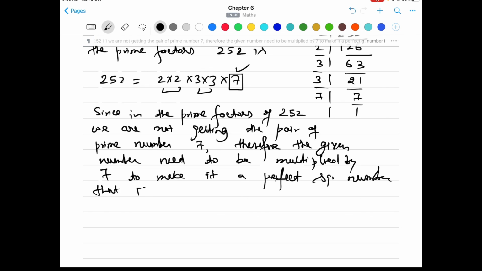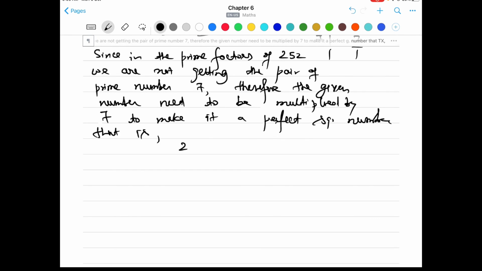That is, we have the number 252 into 7. When you multiply the two numbers, we get the result: 7 into 2 is 14, 7 into 5 is 35 plus 1 is 36, 7 into 2 is 14 plus 3 is 17.